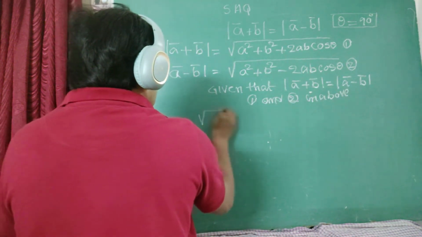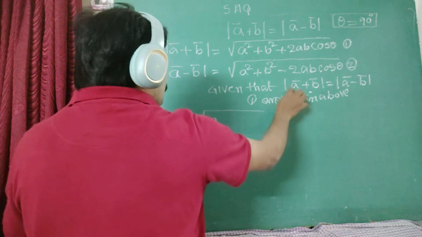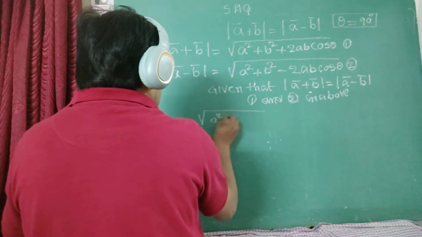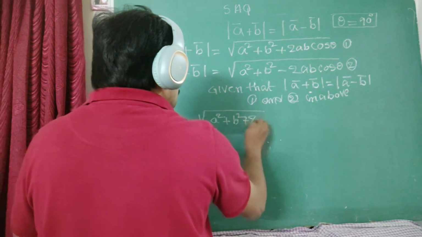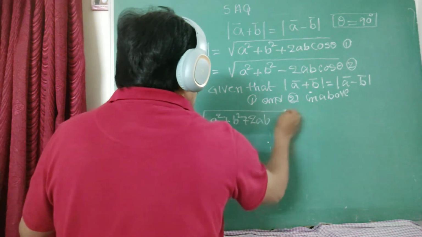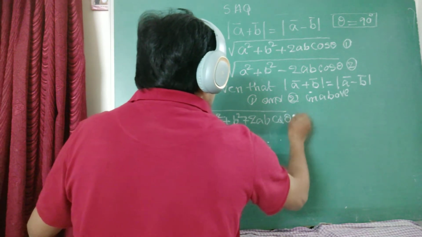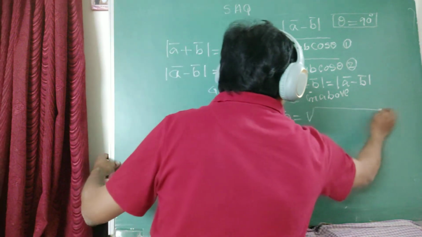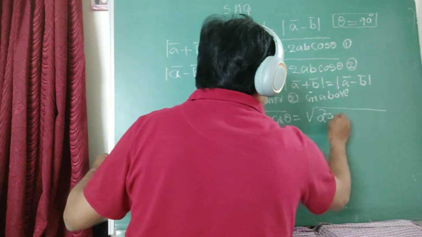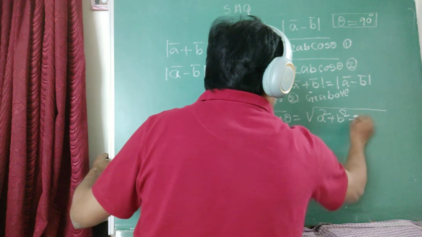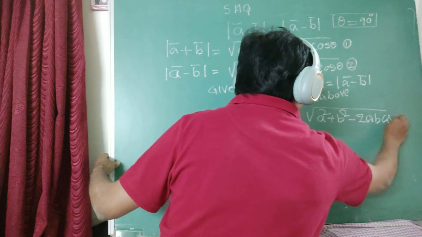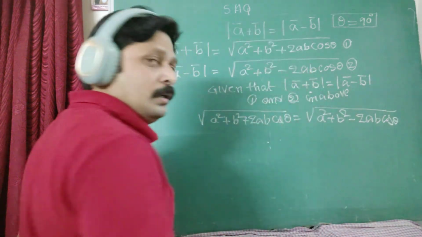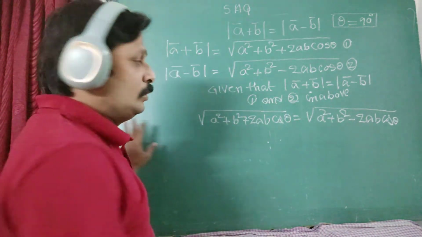I write the value of 1 in place of magnitude of a bar plus b bar, that is root of a square plus b square plus 2ab cos theta, which equals, on the right side, root of a square plus b square minus 2ab cos theta. It is very clear now.